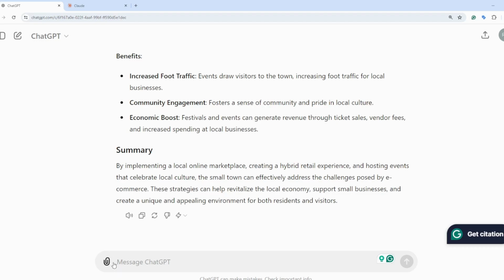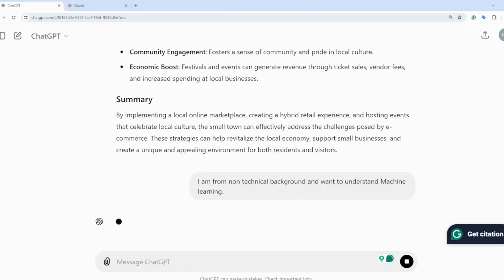So let me go to one technical prompt. I am from a non-technical background and want to understand machine learning. Let's see what it gives.